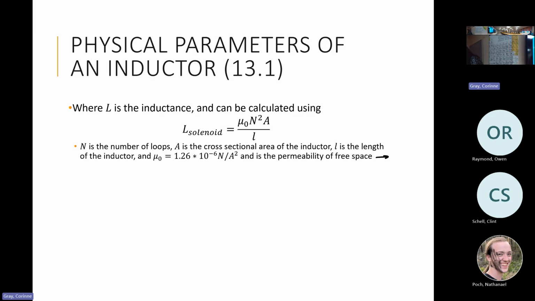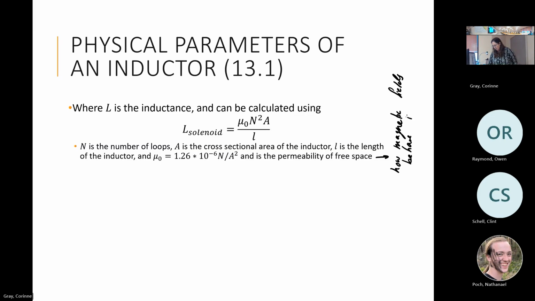What this is telling us is how magnetic fields behave in a material, with it being mu naught, that is explicitly how magnetic fields behave in vacuum. So we have our permeability of free space.